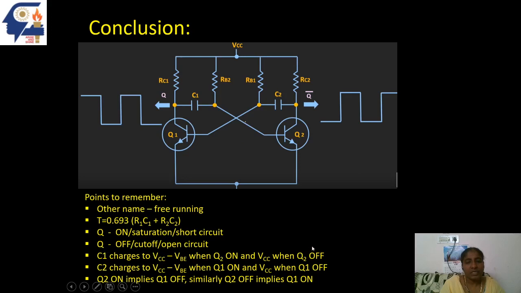When the Q2 transistor is off, the C1 capacitor will charge to VCC and the C2 capacitor will charge to VCC minus VB. Similarly, when the Q1 transistor is off, the C2 capacitor will charge to VCC and the C1 capacitor will charge to VCC minus VB. The two transistors are in complementary action: one transistor on, the other remains off.